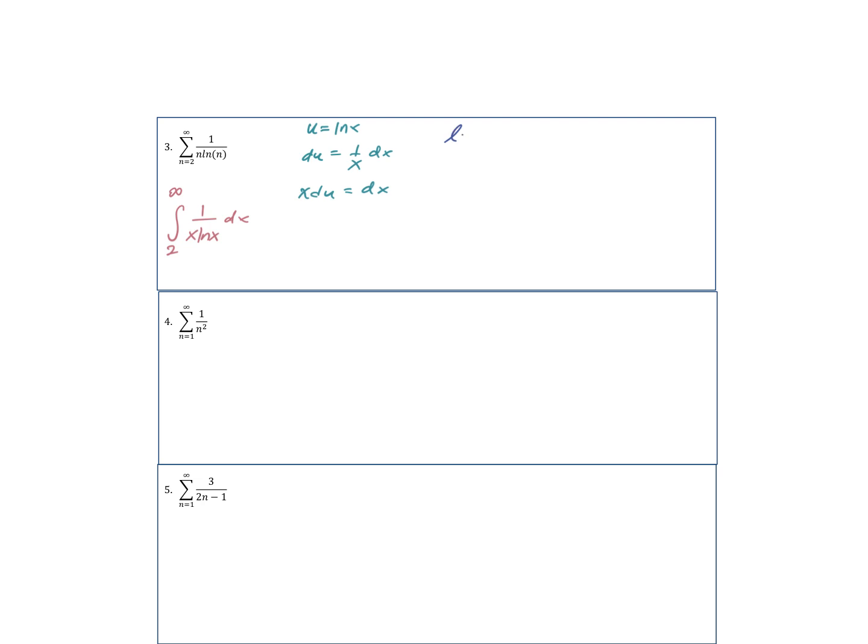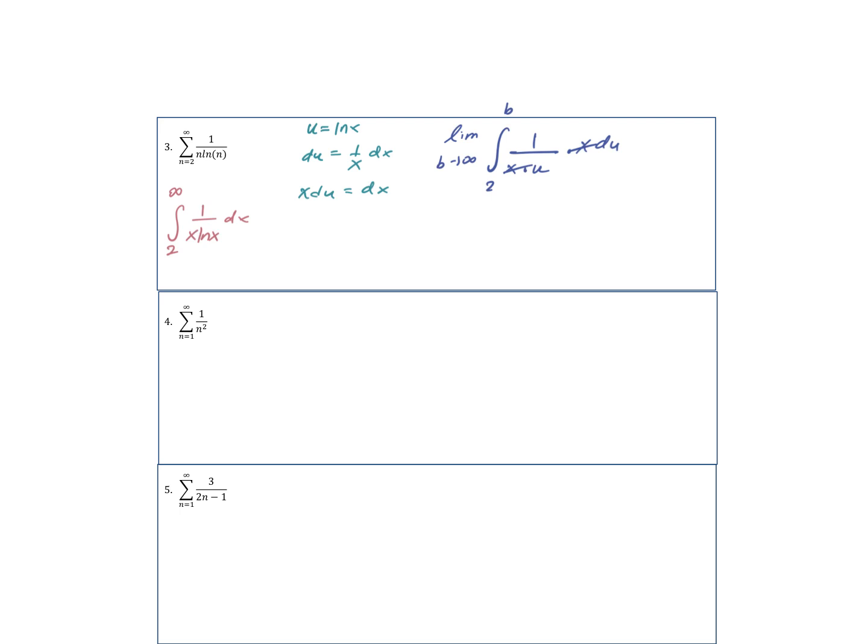So I've got the limit as b goes to infinity, 2 to b. The x stays, u becomes, well, u is your ln of x, so this becomes u. And for dx, it's x du. So cancel, cancel.